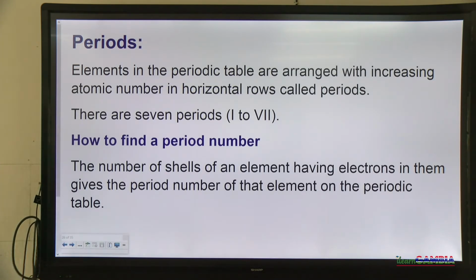And how do we find the period number of elements? When we look at the electronic configuration of elements, the number of shells that have electrons in them gives the period number of that element on the periodic table.